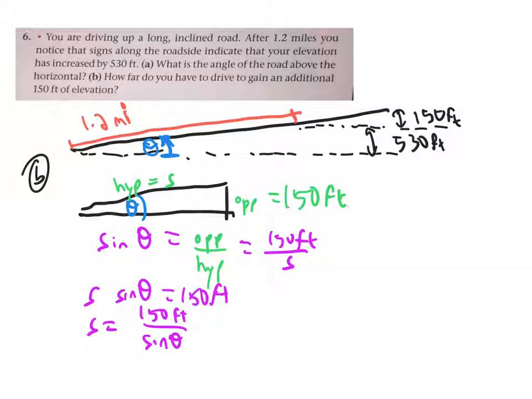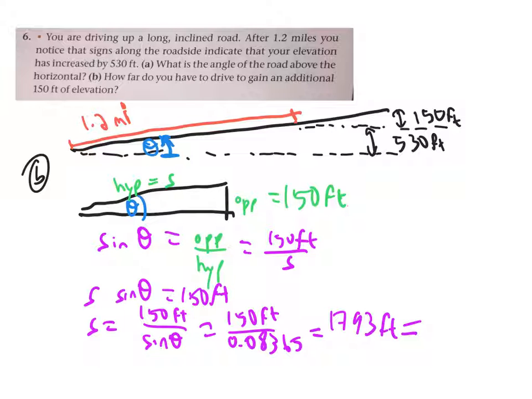And maybe the most important thing to recognize here is that theta is the same, and so we know its sine. So this is 150 feet over 0.08365, or 1,793 feet, which in terms of miles is 0.34 miles, which seems reasonable. There's actually an alternate way to do this, and I'm going to do that in the next bit. But this would be the solution, and you'd be fine here.